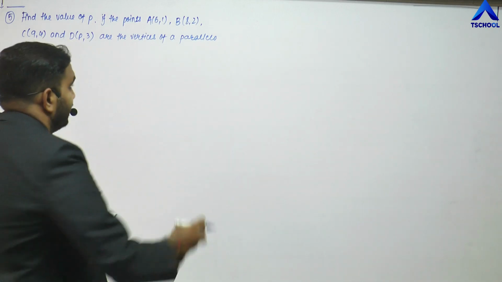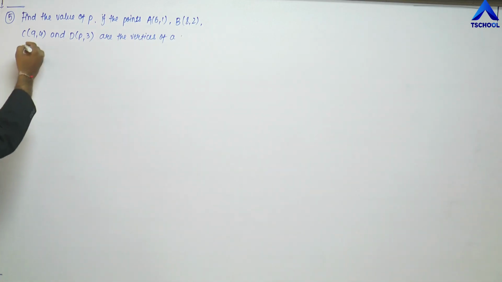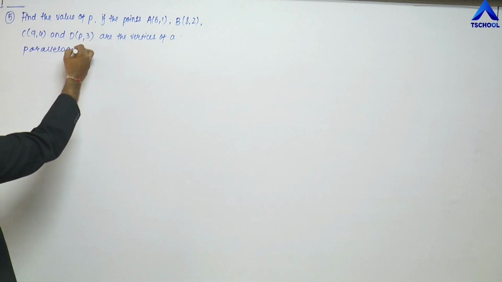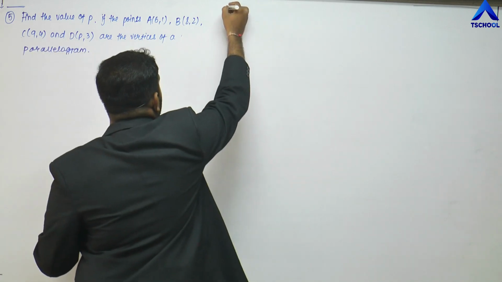If these are the vertices of a parallelogram, then we need to find out the value of P. Is it clear? So this is the question given to us and we need to solve this question.